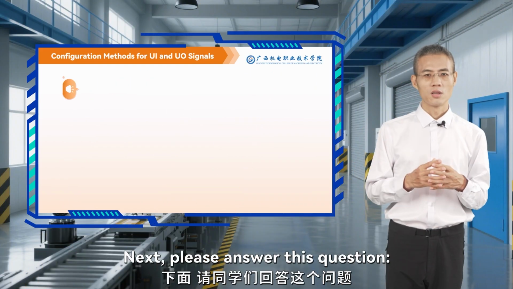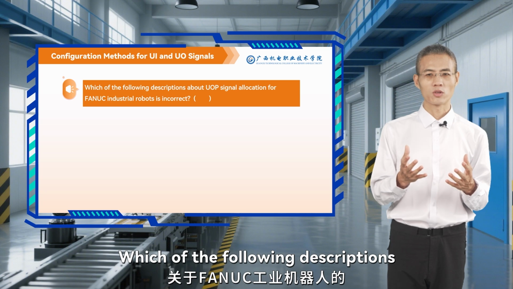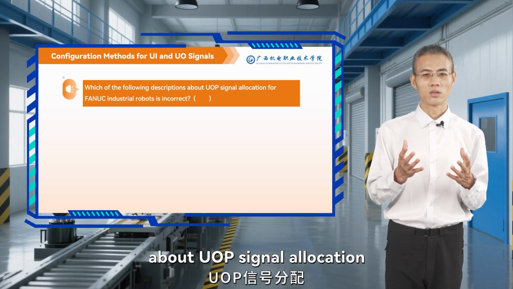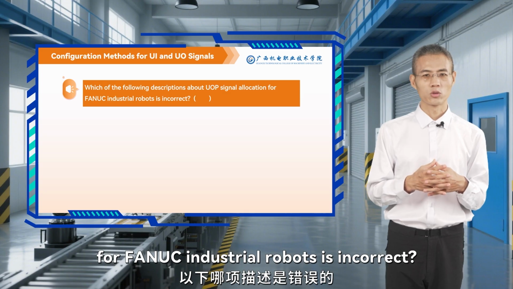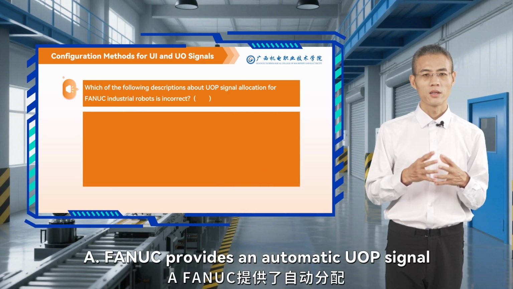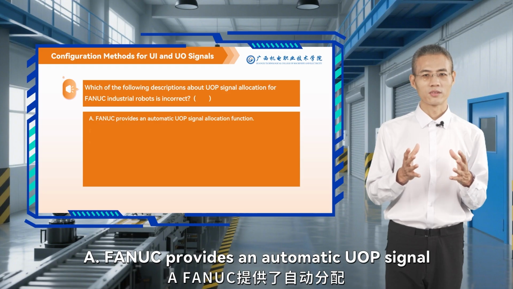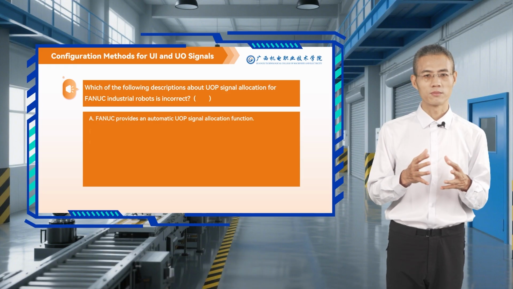Next, please answer this question. Which of the following description about UOP signal allocation for FANUC industrial robots is incorrect? A. FANUC provides an automatic UOP signal allocation function.